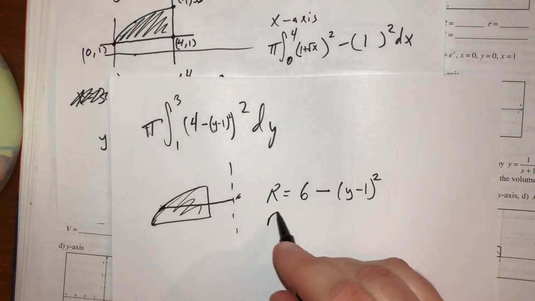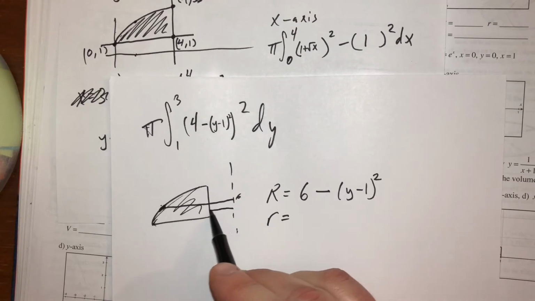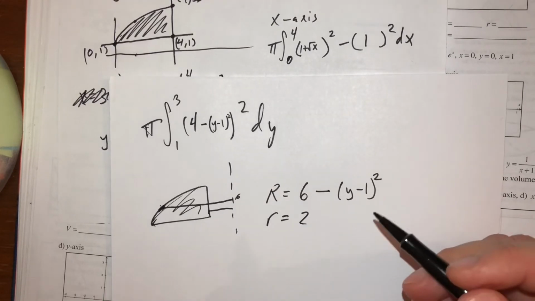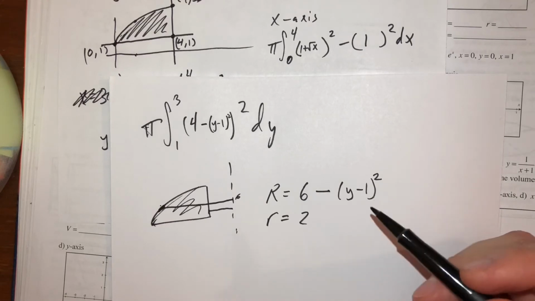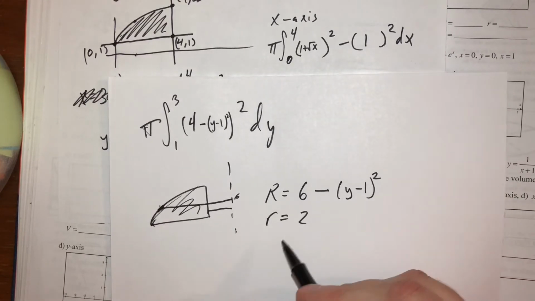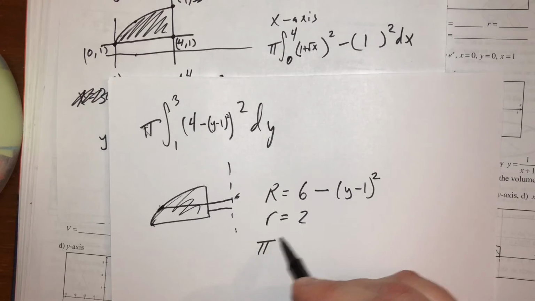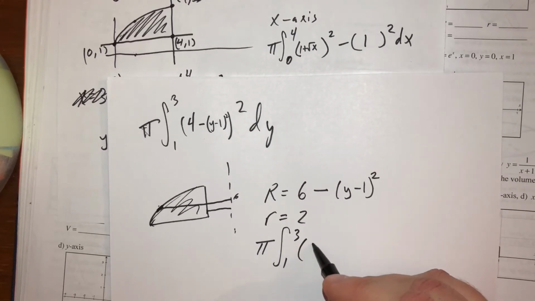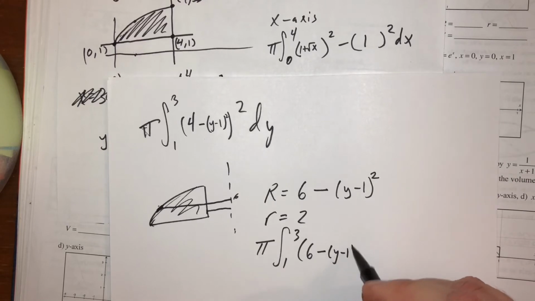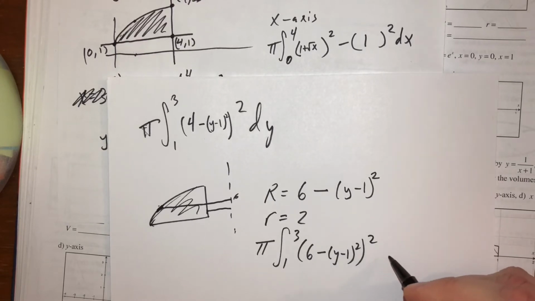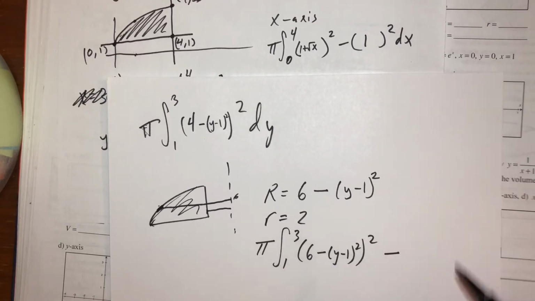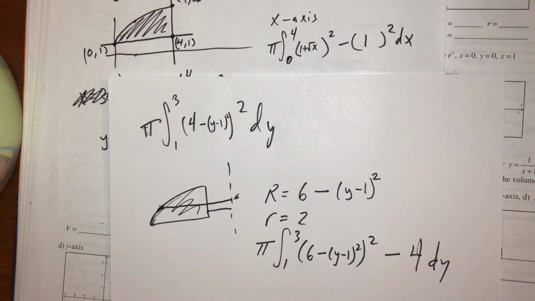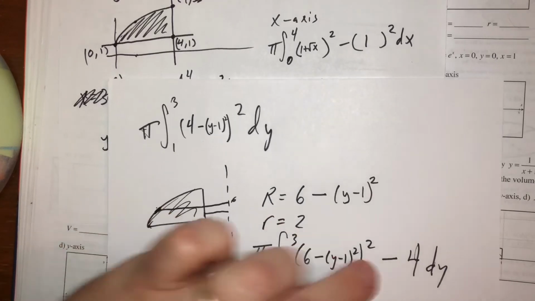And then little r is going to be 6 minus that vertical line there, which was 4. Oh, it's 2. So now I can say pi, going from 1 to 3 still, 6 minus y minus 1 squared minus 2 squared. Right, 2 squared is 4.